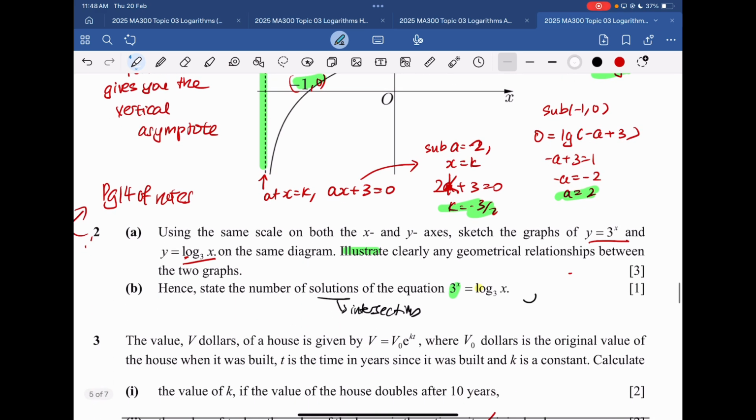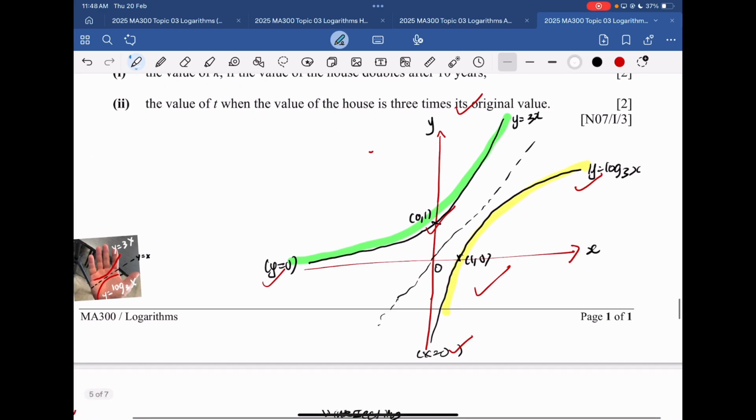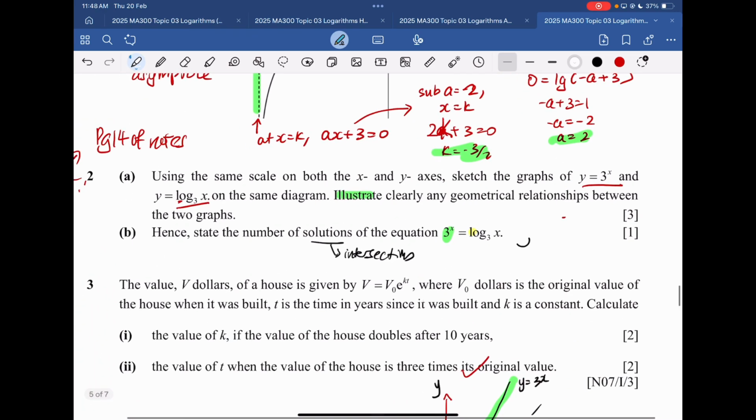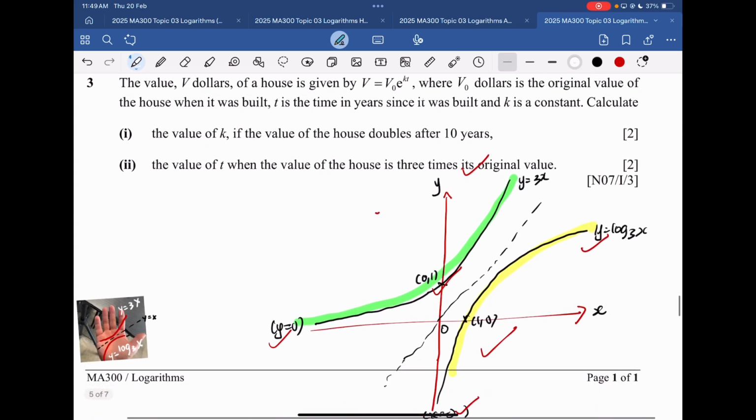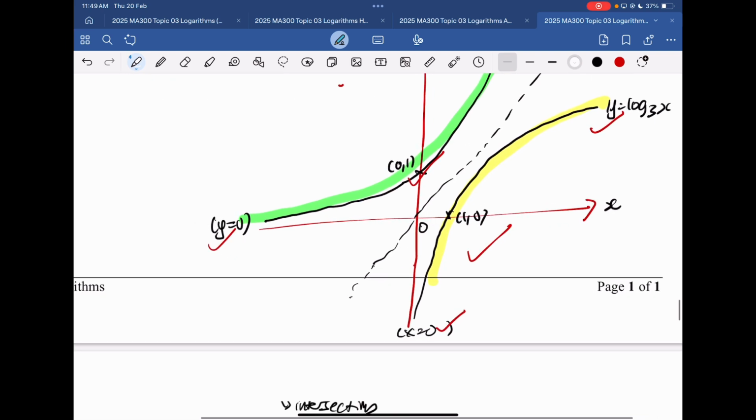Okay, so now I go through 2A, then I go through 2B. For 2B, I state the number of solutions. What does it mean by solution? Intersect. Do they intersect? Now look at these two. Look at your own lines, the hand. Do the two lines ever intersect? They don't, right?